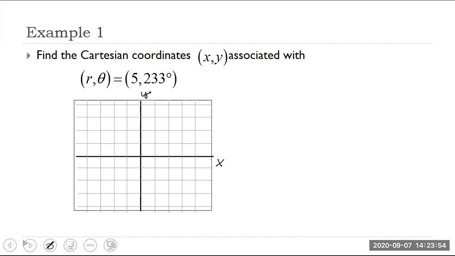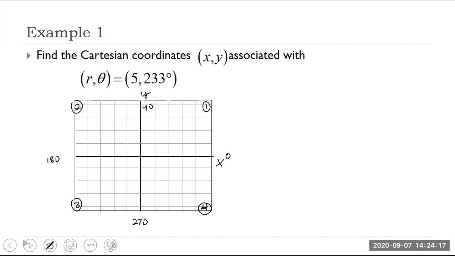Is it going to be in the first, second, third, or fourth quadrant? The third, right? Because this is 270 degrees, this is 180, this is 90, and this is 0. So it's definitely going to be in the third quadrant.